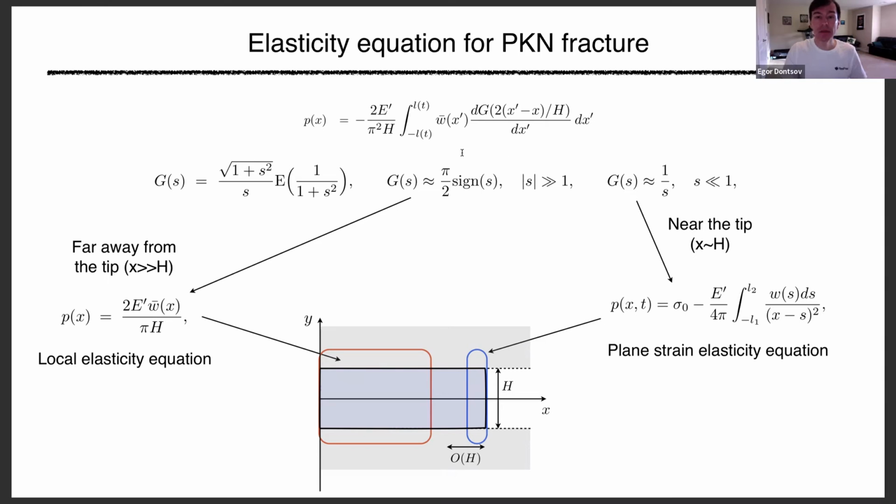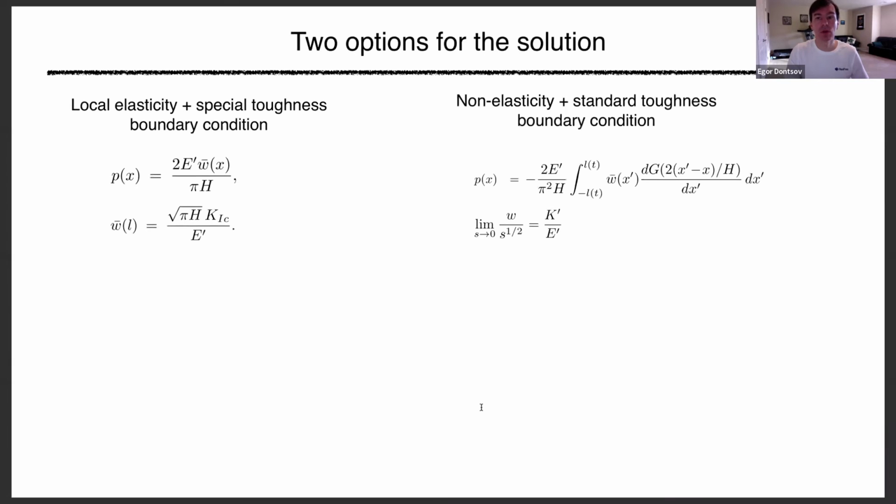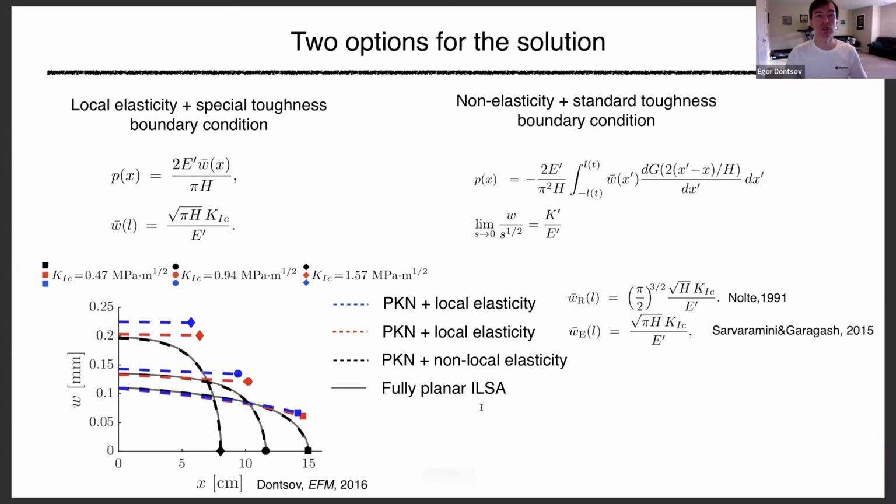And if you use the full elasticity equation here, then if it's like plane strain, you use your classical propagation condition, which accounts for toughness, just like you use for a plane strain fracture, right? But it becomes a little more complex from the analysis point of view. And so here are two rivals, if you wish, the ways to implement toughness.